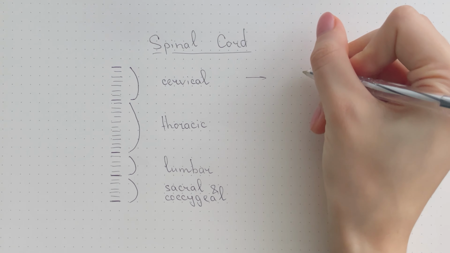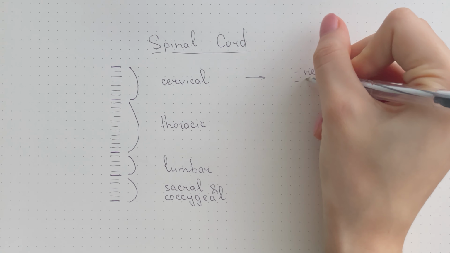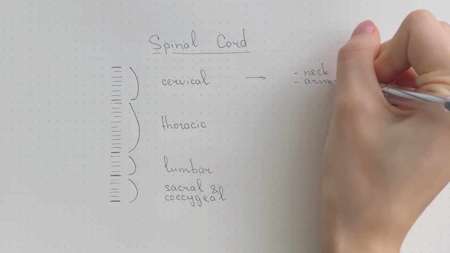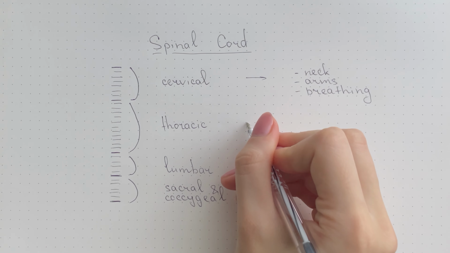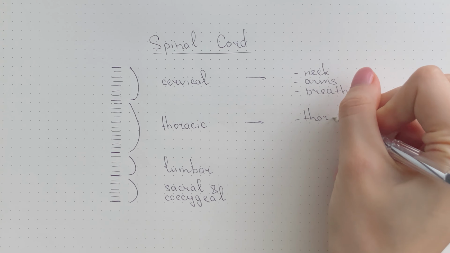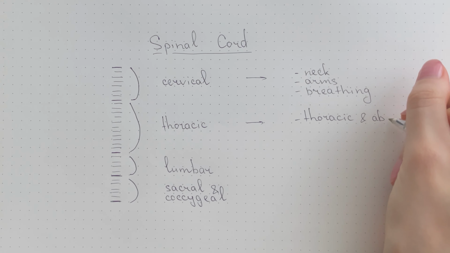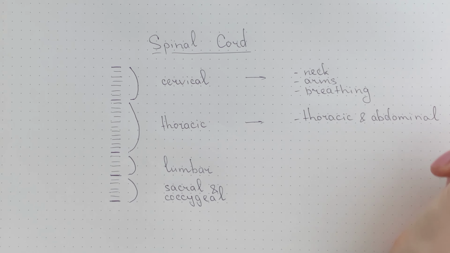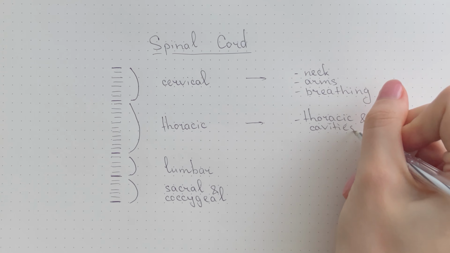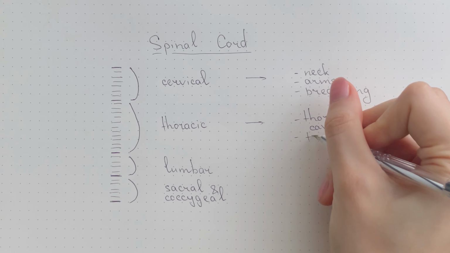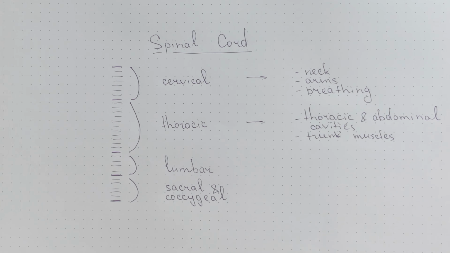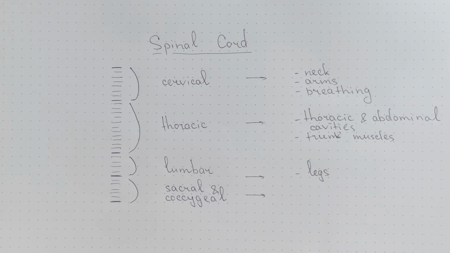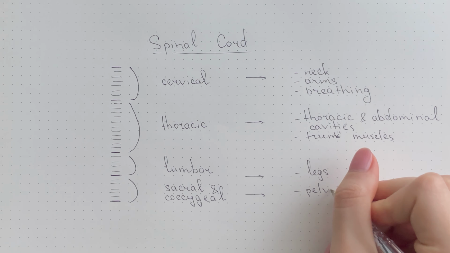These correspond respectively to the neck, the arms, and breathing, the organs of the thoracic and abdominal cavities, the trunk muscles, the legs, and the pelvic region.